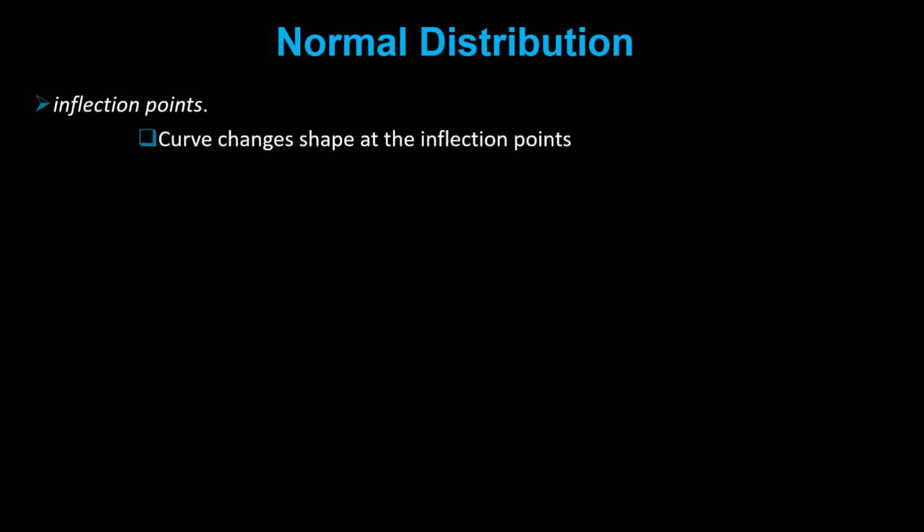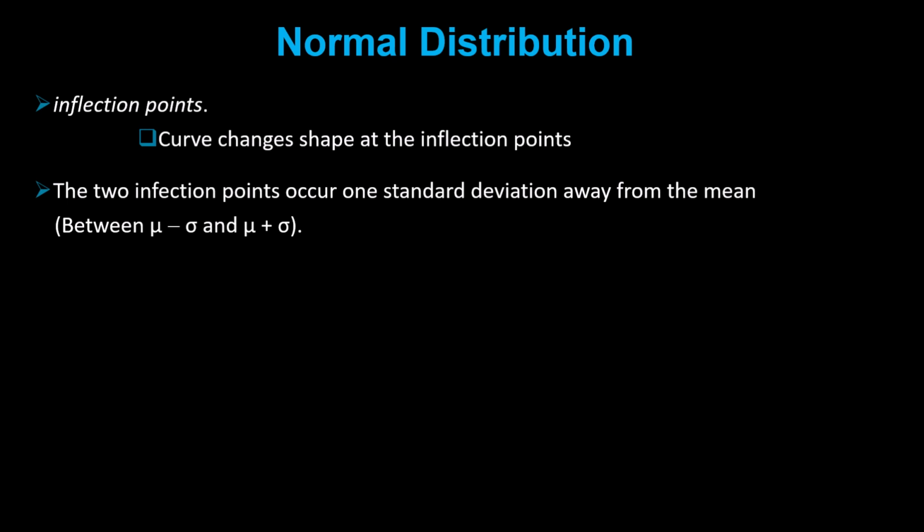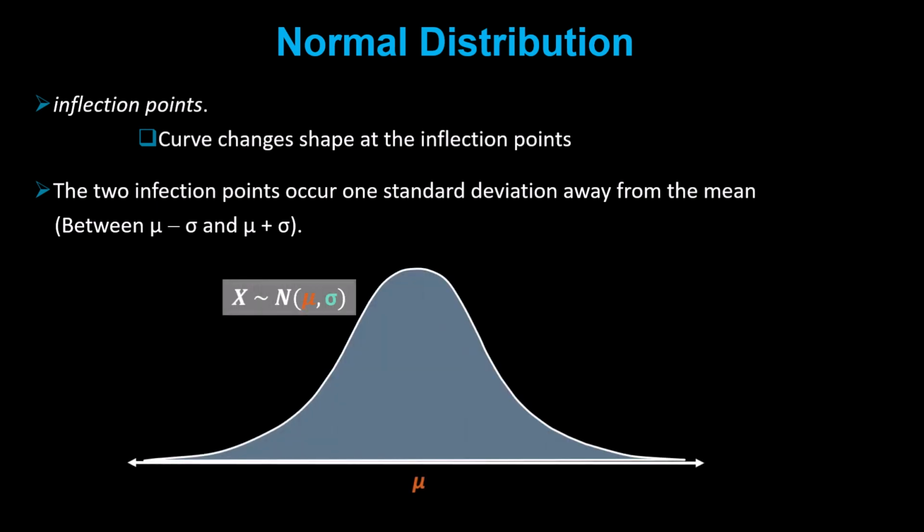Then inflection points. The curve changes shape at the inflection points. The two inflection points occur one standard deviation away from the mean. What is the meaning of this? Yes, this is a density curve of a normal distribution with mean mu and the standard deviation sigma.